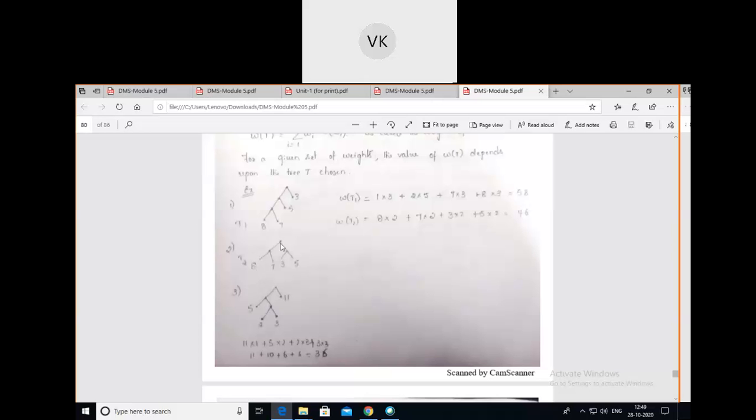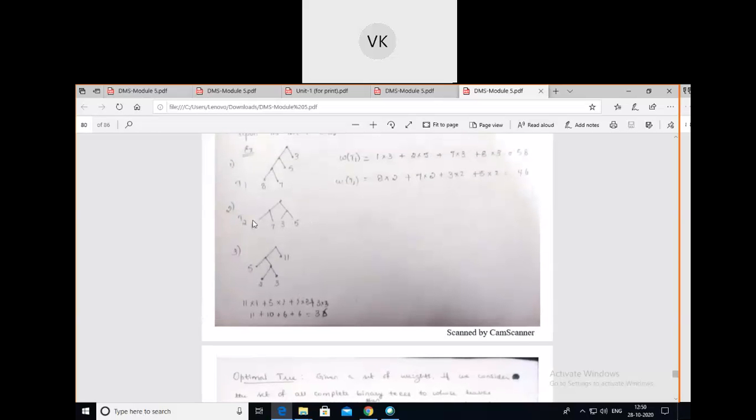You see, 8 into 2 plus 7 into 2 plus 3 into 2 plus 5 into 2. Only 4 weights are there, for these 4 leaves. Do the calculation, and finally we get 46 as the answer here.